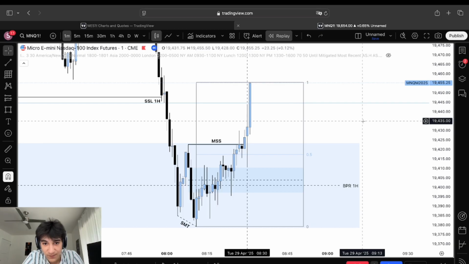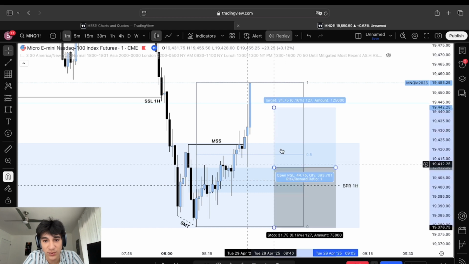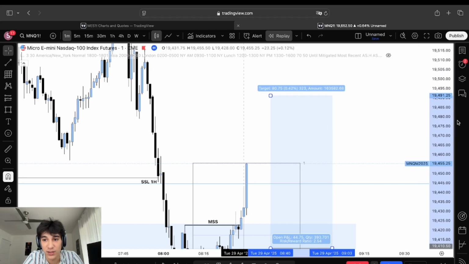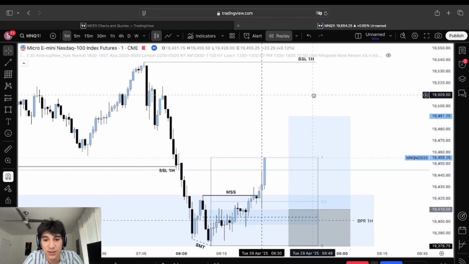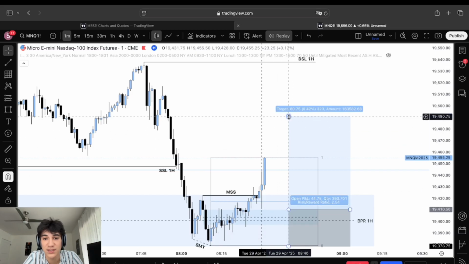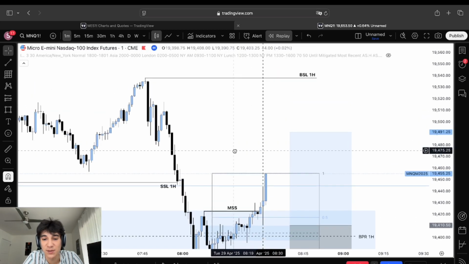So now it's as simple as just waiting for price to get into equilibrium, get into this inverse, and then we're longing. And the reason why we're longing, again, tapping into a bullish BPR, high time frame, in equilibrium. We just zoomed in, boom, same thing.